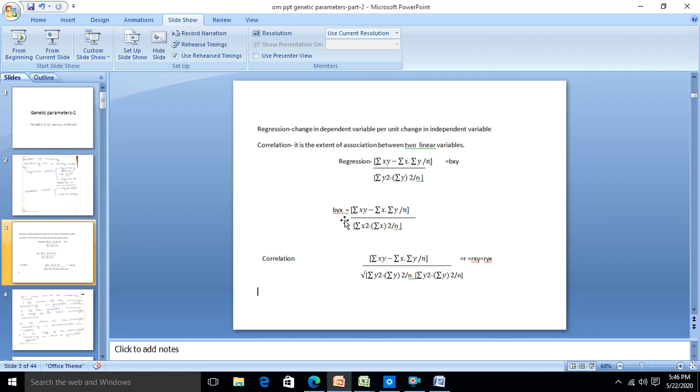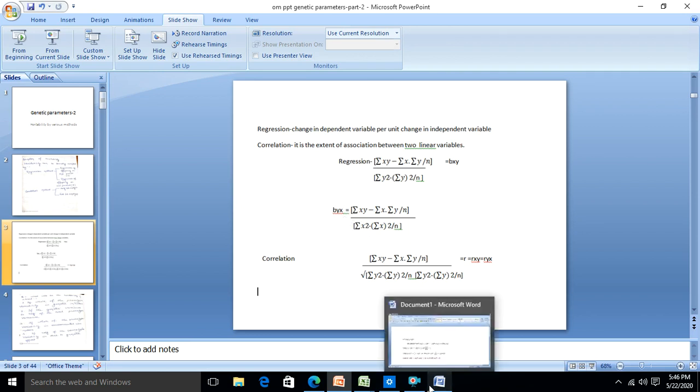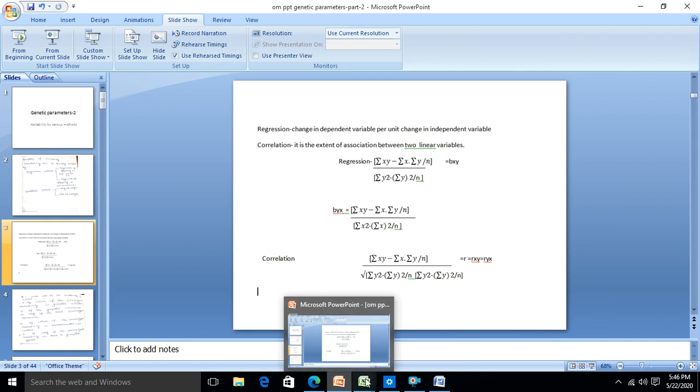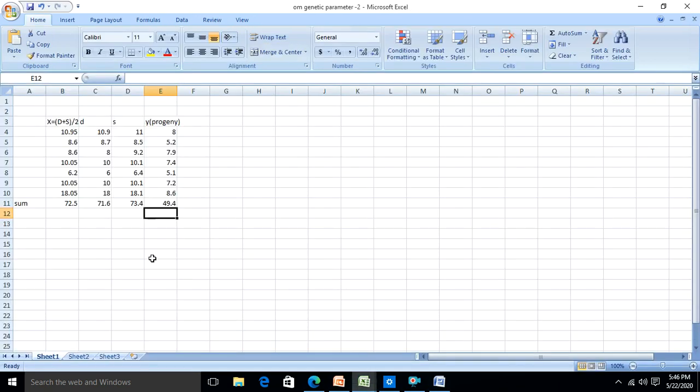This means I have to find the regression of y on x, the mid-parent. The average of two parents is the mid-parent value. So we have to find the regression of progeny on mid-parent to find the heritability.